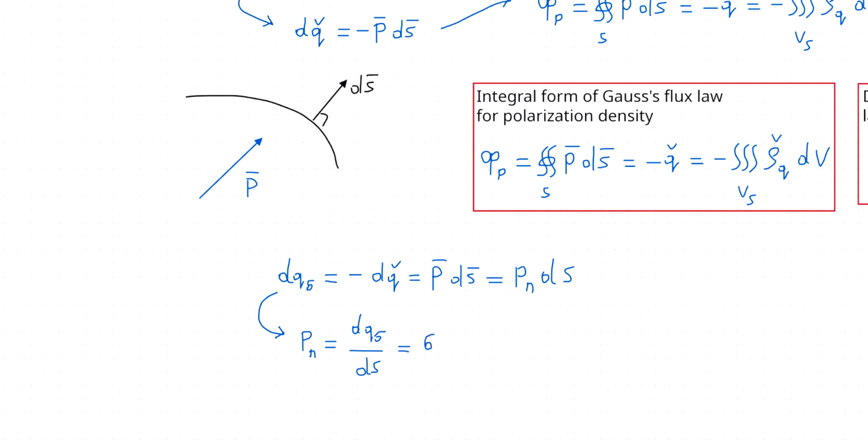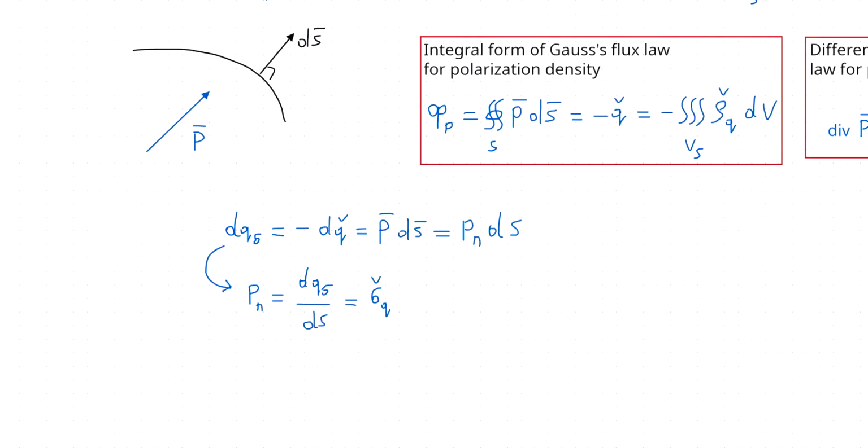It will be some sigma q. The lower index q means that we have surface density of charges. Because of this, we use lower index q.